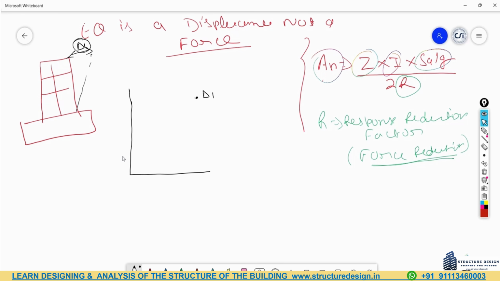The force that has to be given to this building for designing for delta 1 is VB1. So VB1 is the force which has to be given to this particular building to design it for delta 1 displacement. So this is system 1, I'm just writing here system 1.